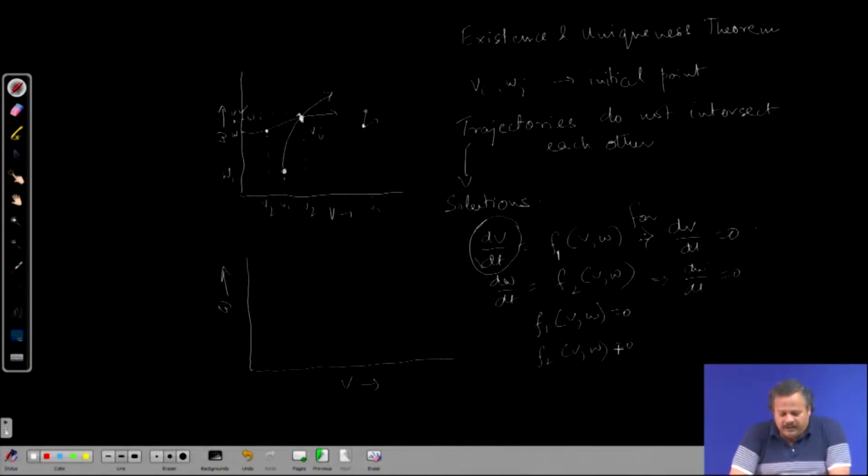The point here is that along any points on this curve V will not change, and along any points on the next curve, that is F2(V, W) equal to 0, W will not change.